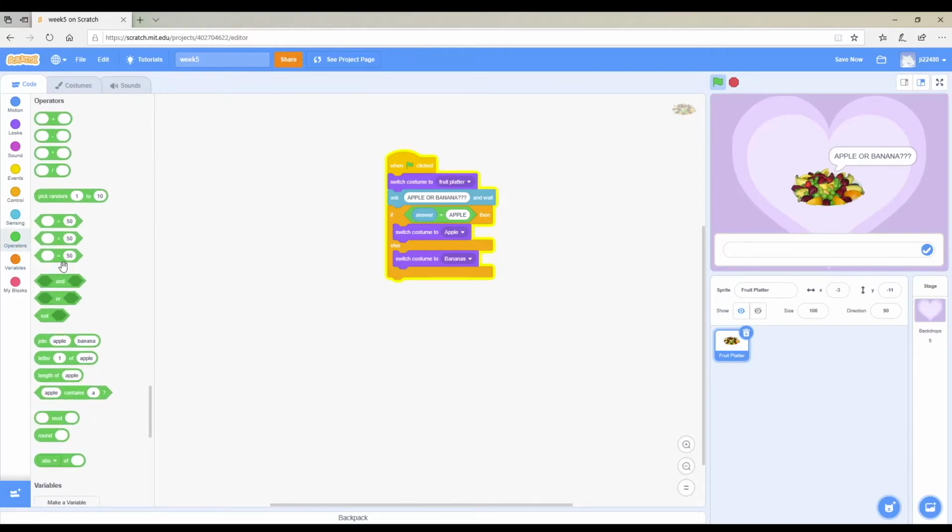Now that we have our operators, we can check if the first letter of the answer is A. What if we're asking a very small child? What if that kid is trying to spell apple, but just got a couple letters mixed up? Or what if they're saying apples and it's not exact? This gives a little bit of wiggle room, so even if they say other things, it mostly looks like apple and starts with an A, then it'll still get the idea and turn it into an apple.